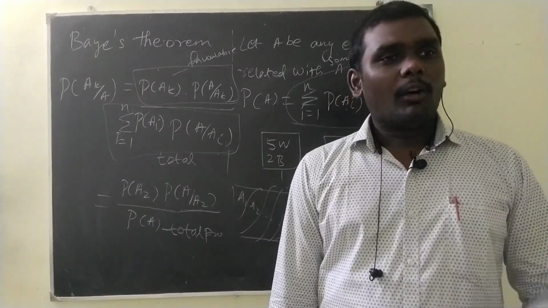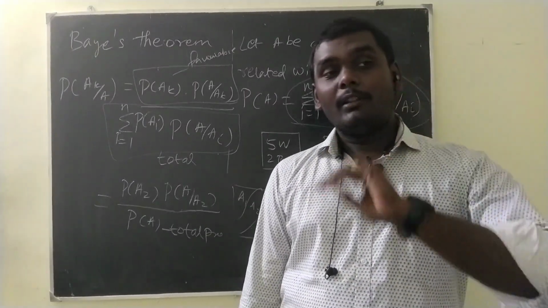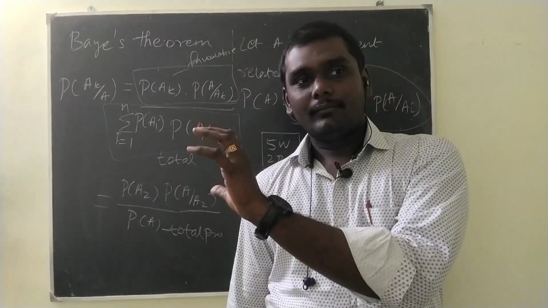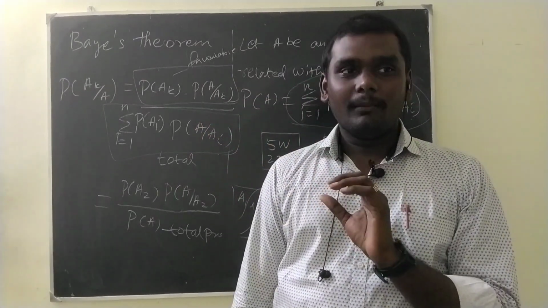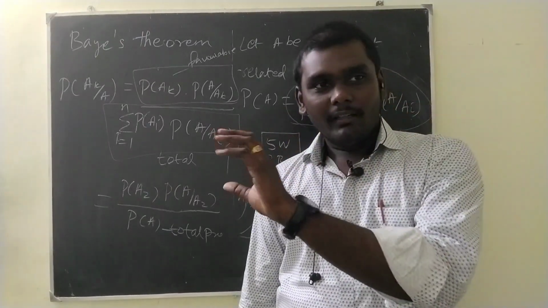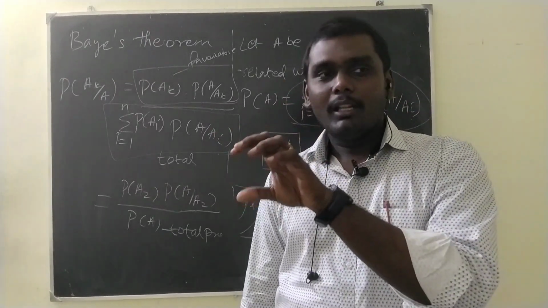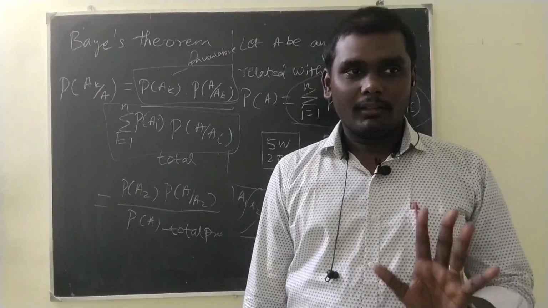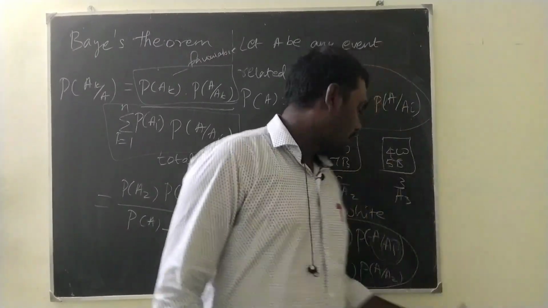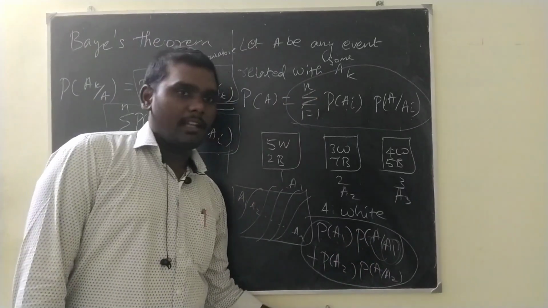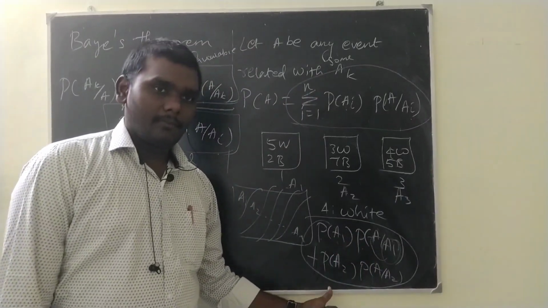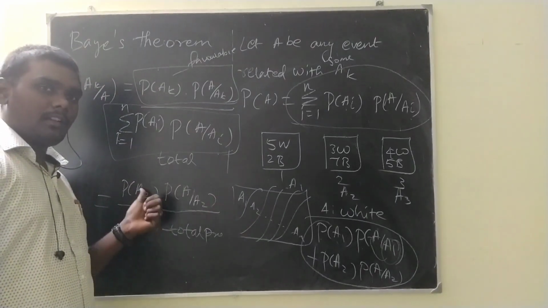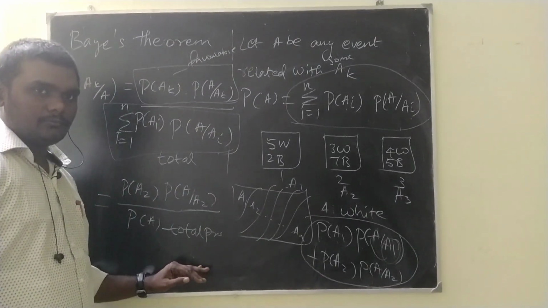What is the difference between total probability and Bayes theorem? Total probability will add everything, whereas in Bayes theorem we'll add everything too, but the particular event we need goes to the numerator. That is all. Clear? In this case we have A1, A2, A3, but as per the question I asked, A2 comes to the numerator, remaining everything comes down.